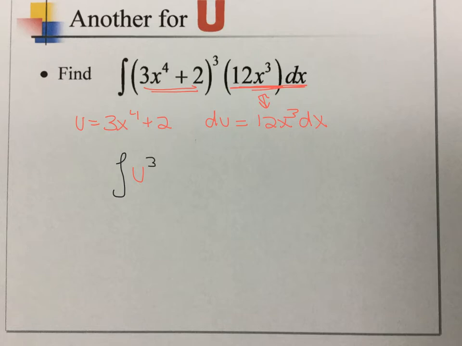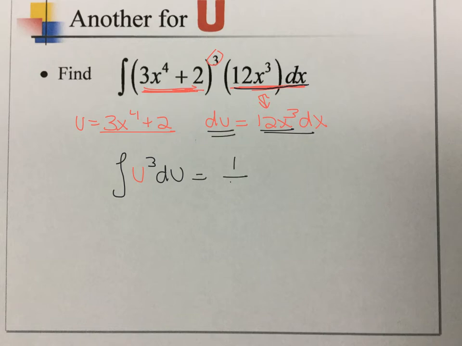So I replaced the 3x to the fourth plus 2 with u, and I still raise it to this third power. I've got my full derivative, so I can just then write du. Okay, so because that's there. So I'm replacing this 12x to the third dx with du. So it's substitution there. So now I just integrate this.